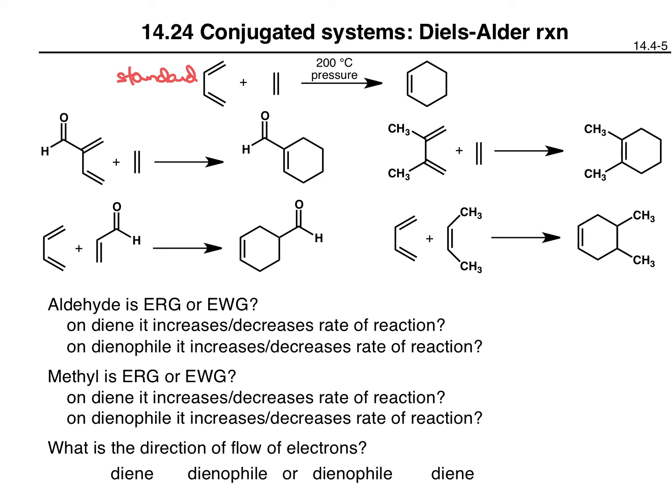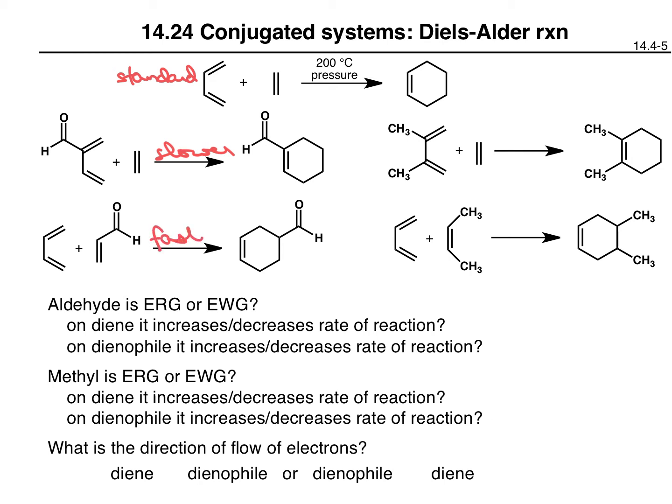Well, if we carry out these other reactions under the same conditions, do they happen faster or slower than our standard reaction? In this first one, we have an aldehyde on the diene. This one reacts slower than the standard. In the second example, we have an aldehyde on the dienophile.